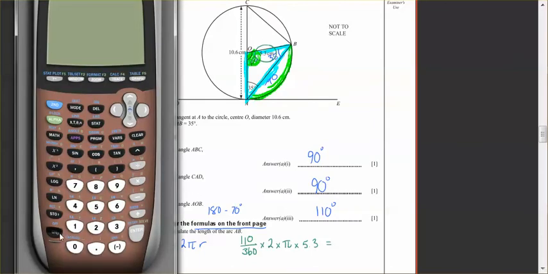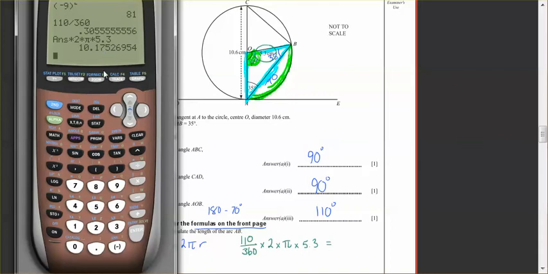So 110 divided by 360 equals that, times 2 times pi times 5.3.